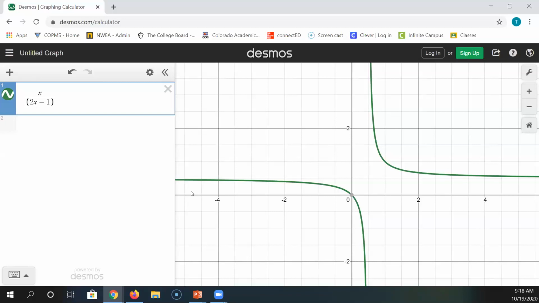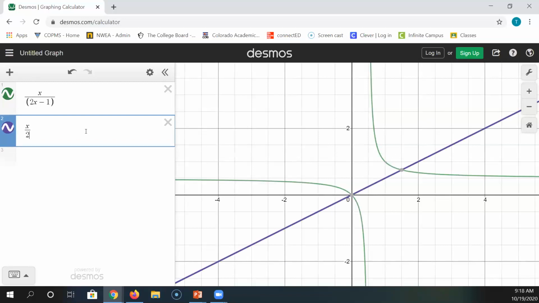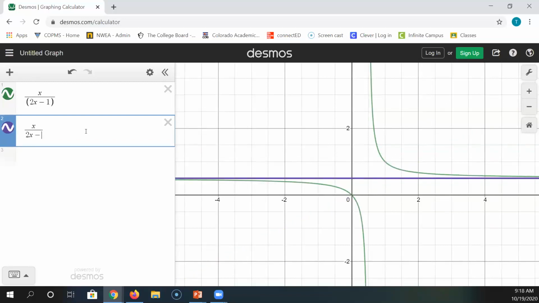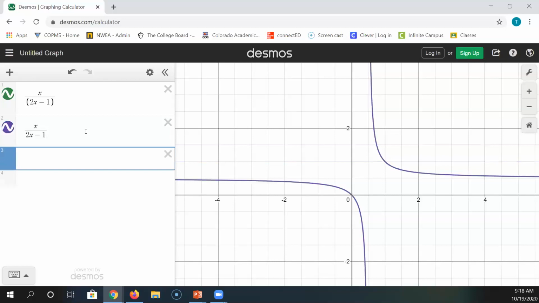And you can see it, I solved it, so I can add this. So this is what our inverse actually looks like. And you'll see, oh, that's fun. 2x minus 1. Turns out to be the same equation.